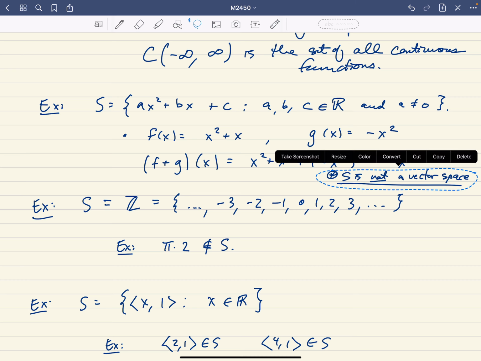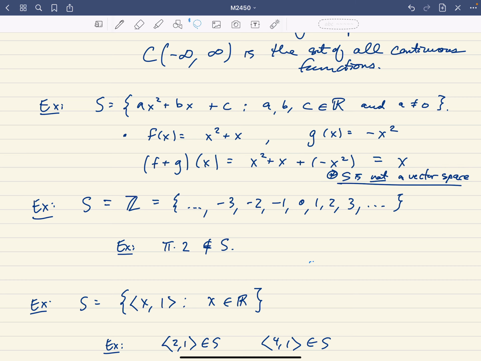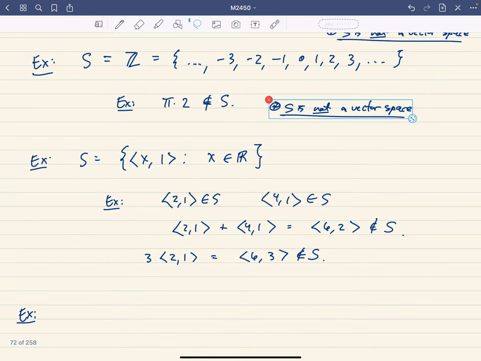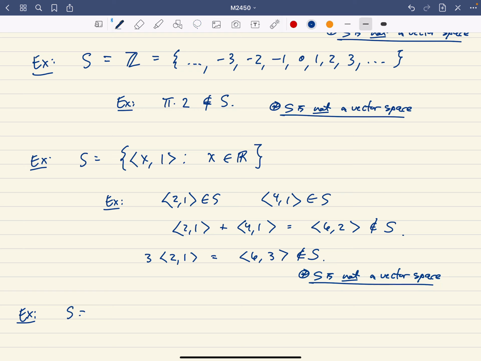The same was true of the other examples. So here, S was not a vector space. And here, S was not a vector space. On the other hand, if I were to modify the last example, S, and say it's the set of vectors whose second component is 0, then this is a vector space. And you can check that all 10 properties are there.